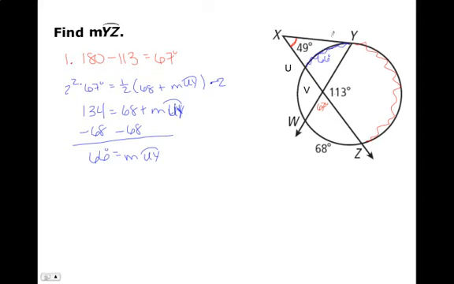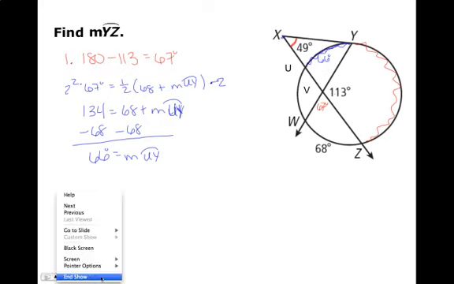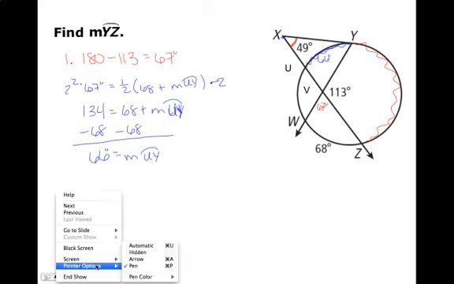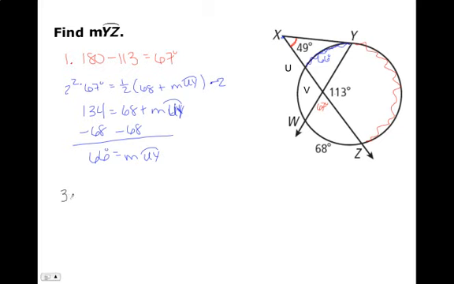Now we can use another theorem where the vertex of the angle is outside the circle. So now we can take the two arcs, subtract them, divide by 2 to find the angle. So this third step here is we know that that 49 degrees is equal to half the difference of the measure of arc YZ minus the 66 degrees.